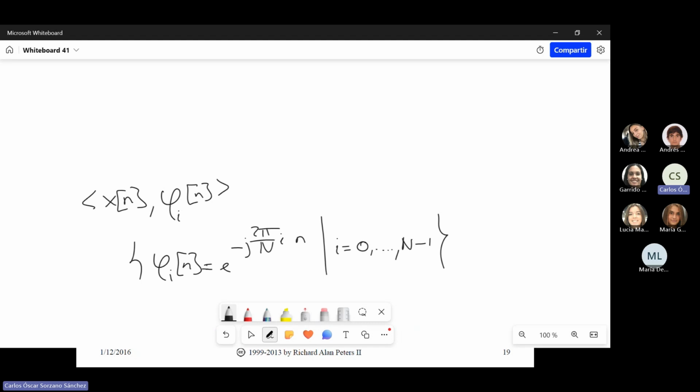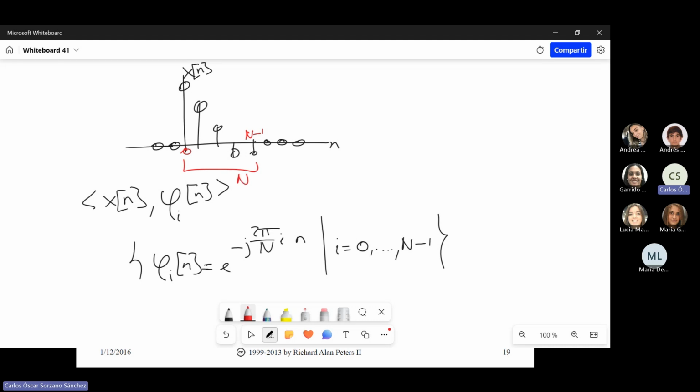And this is assuming that my signal is discrete and goes from 0 to N. So we have a signal that is discrete, this is x of n, this is n. Then there are two distinct points. One is here 0, this is N minus 1. So we have in total N samples.